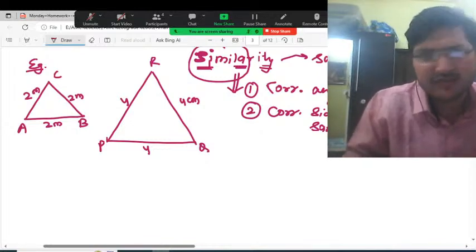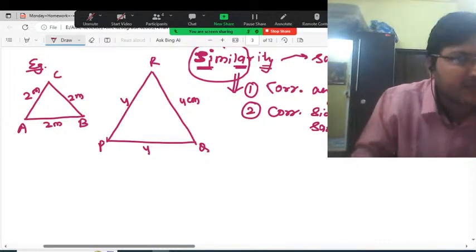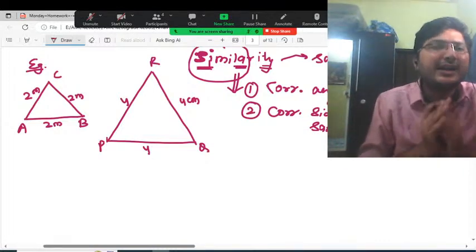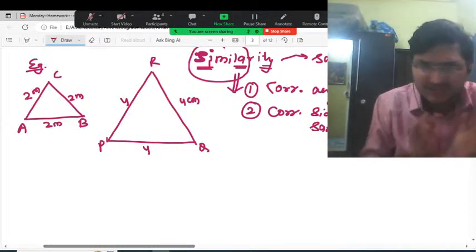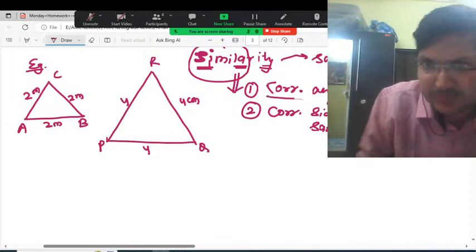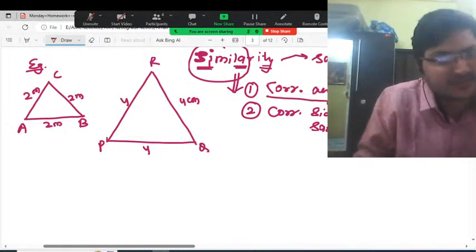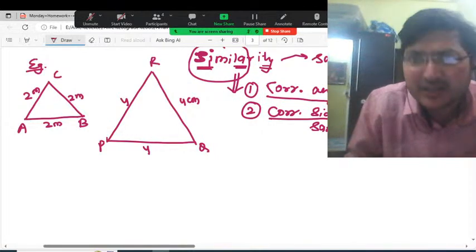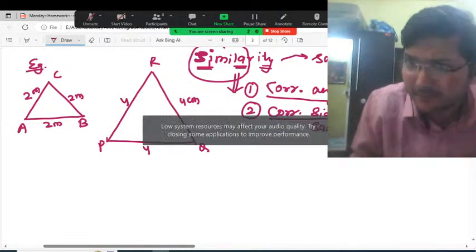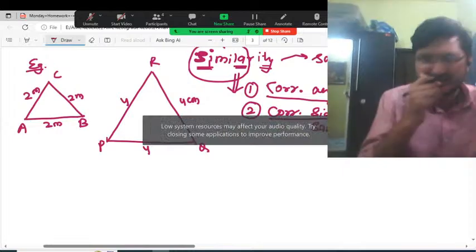Size may be different, and if we focus on their resemblance, corresponding angles must be same, and their corresponding sides must be in same ratio. Same ratio also means proportional. In the next 15 minutes I will be telling all about similarity.